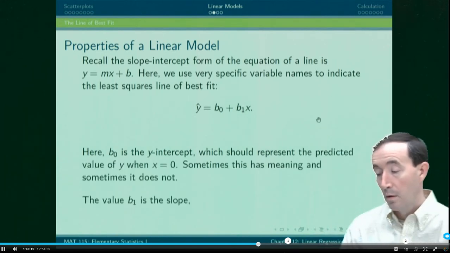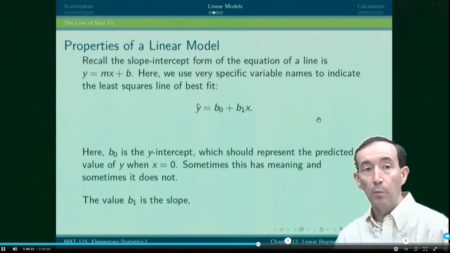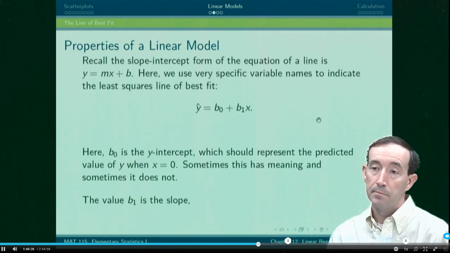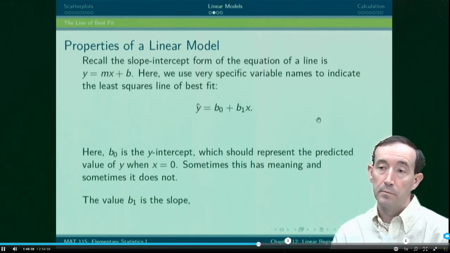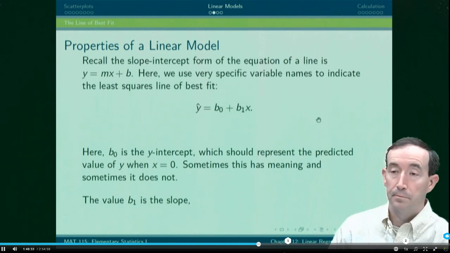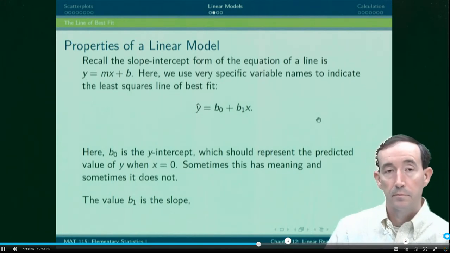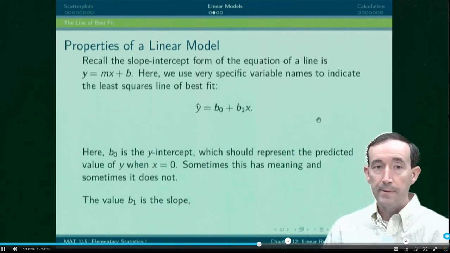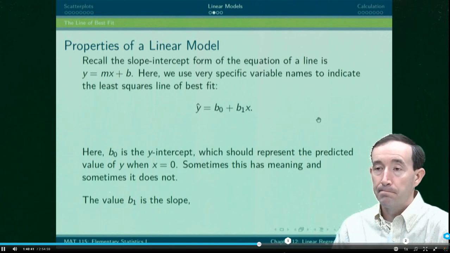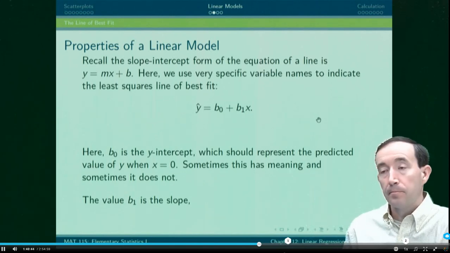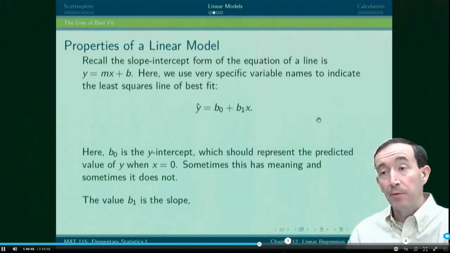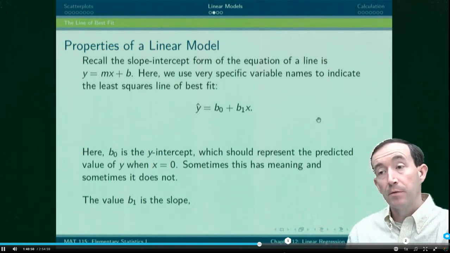All right. What about the slope? How do we interpret it? This is a little harder. I just remember rise over run. So the rise is the change in the y values, and the run is the change in the x values, right?